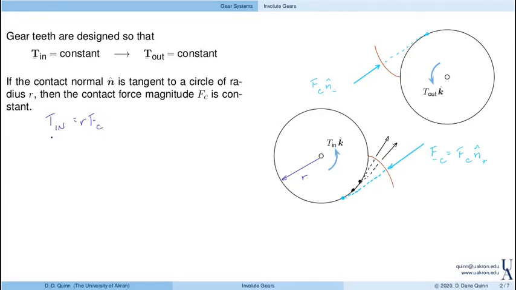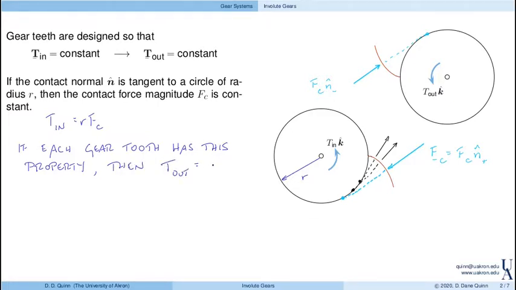Looking at the second gear, if each gear tooth has this property, namely the normal is always tangent to a constant circle radius, then T out is constant, just like we wanted.